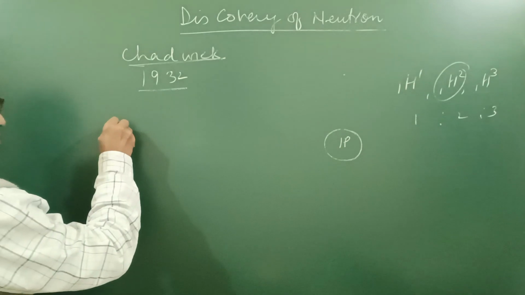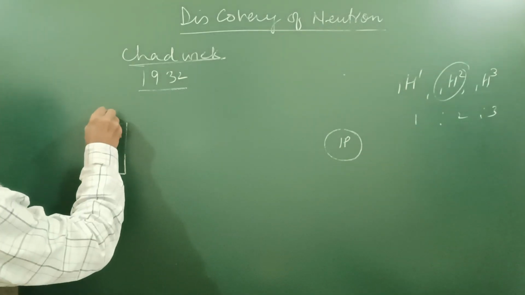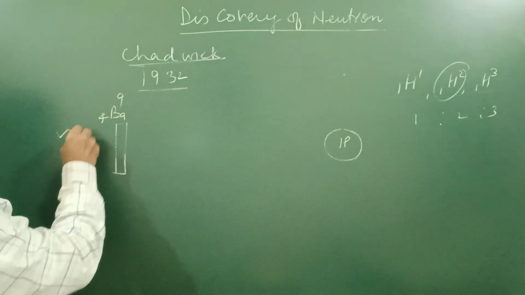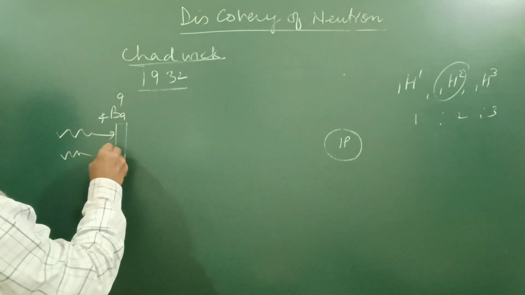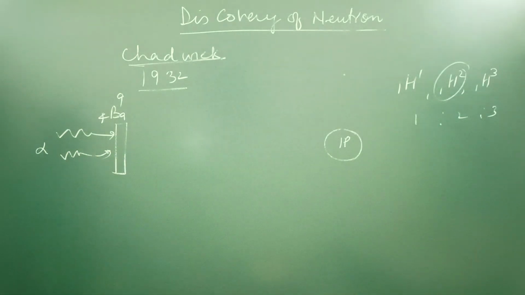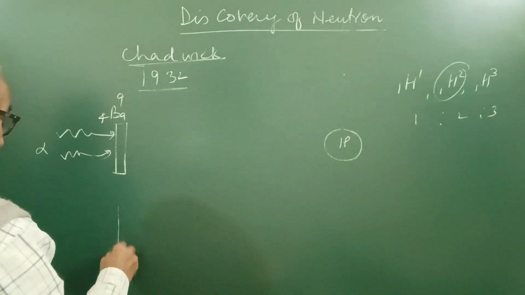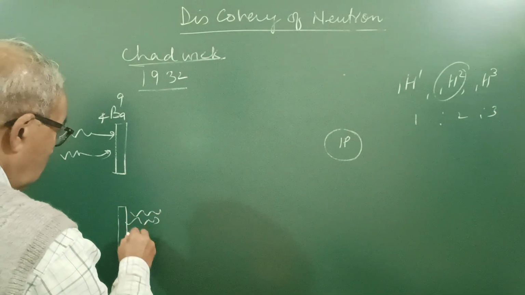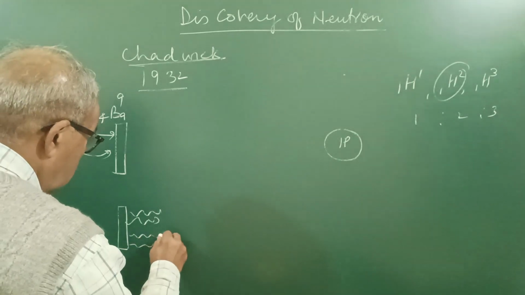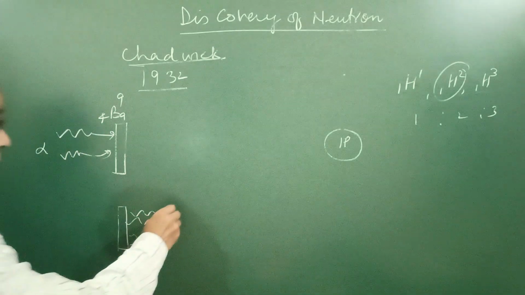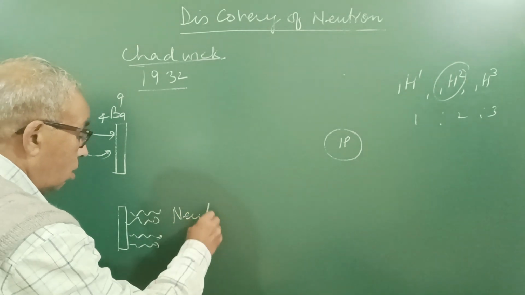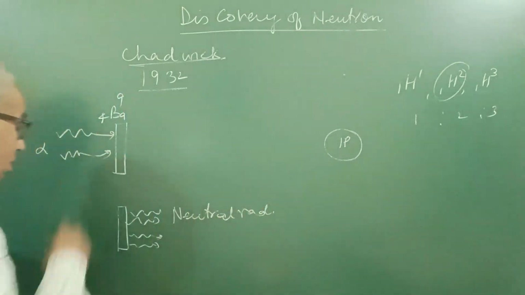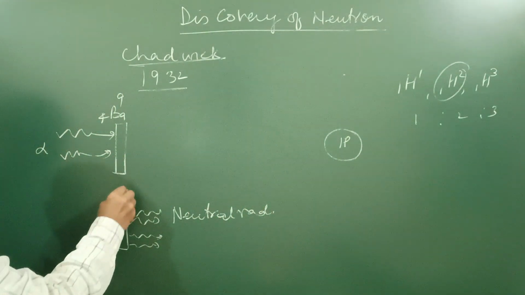In one experiment, beryllium 4Be9 was bombarded by alpha particle radiation, and the beryllium after bombardment was found to emit some neutral radiation.